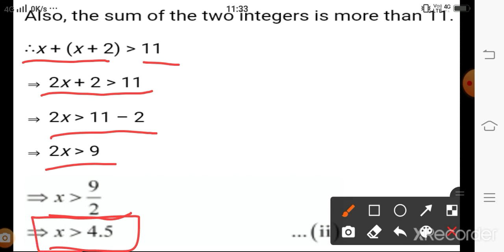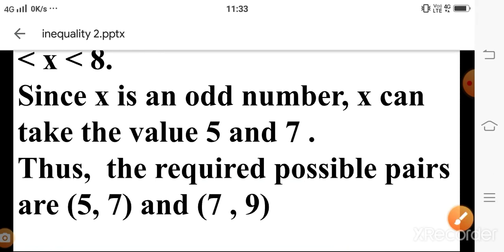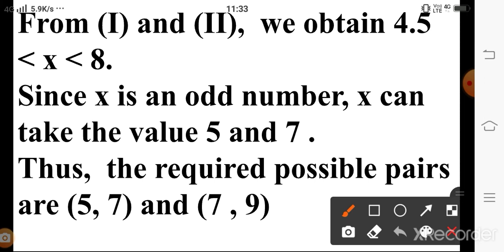From the previous one, we get x is less than 8, and from this one x should be greater than 4.5. If you combine these, the odd numbers which are greater than 4.5 and less than 8 are 5 and 7.